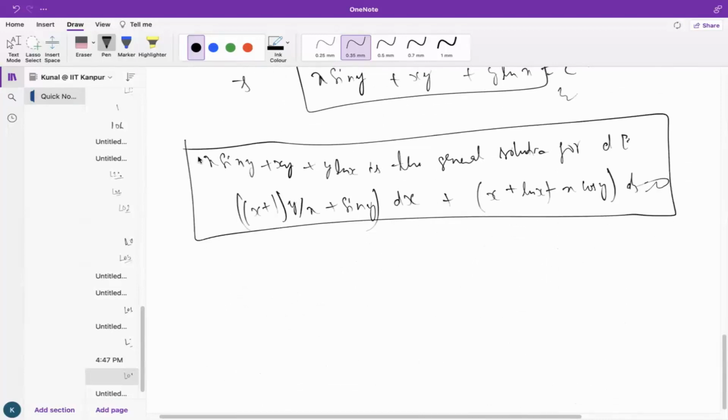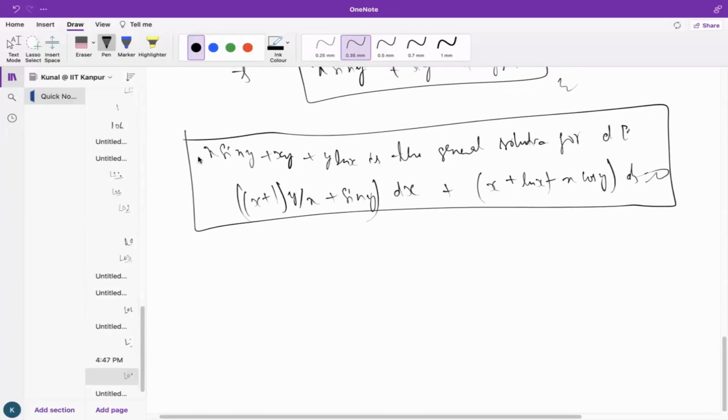Okay. So let's move on to the last topic of differential equation, which is the trajectories. Today is the last lecture of differential equation. So let's start. What is a trajectory here?